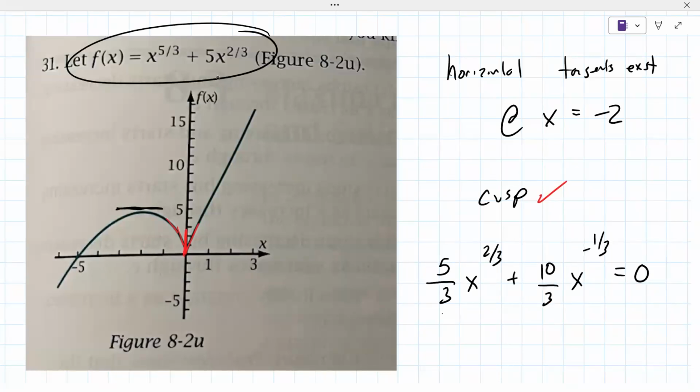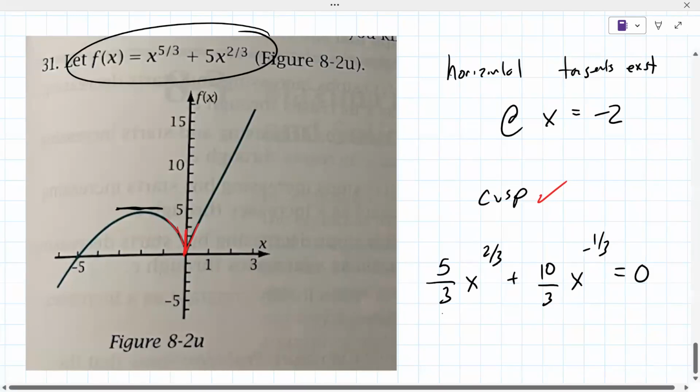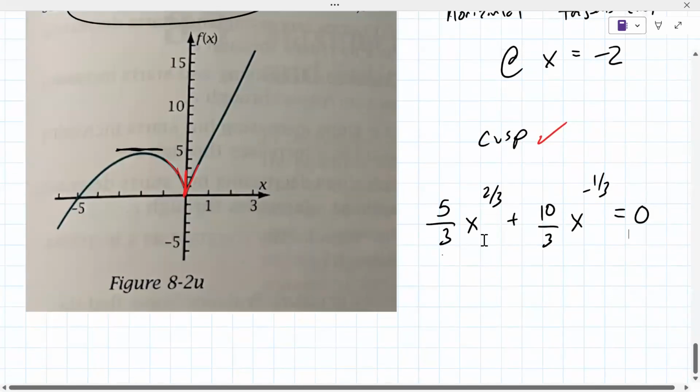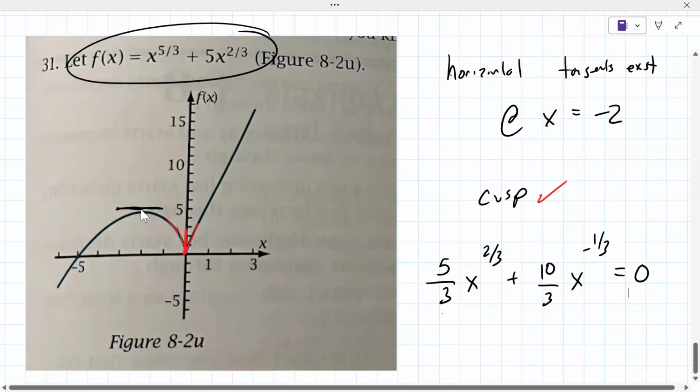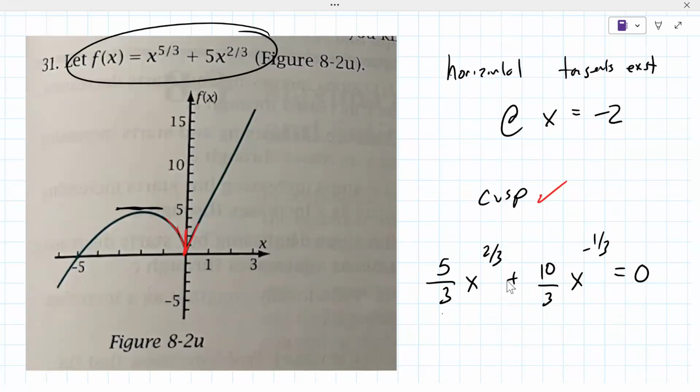Okay, so the challenging part here is figuring out how to solve this for x. We know it's at 2, but how do we show that using algebra? Any ideas? You're still going to factor.